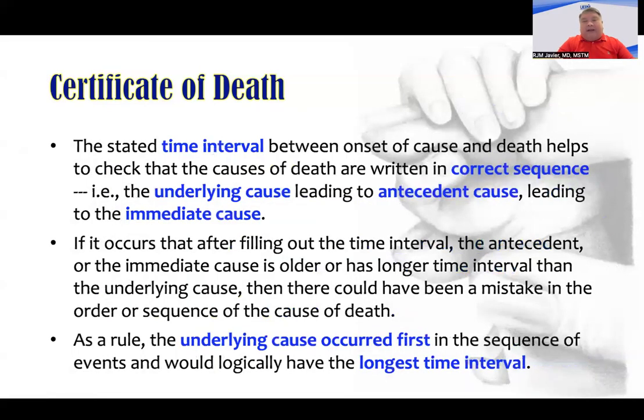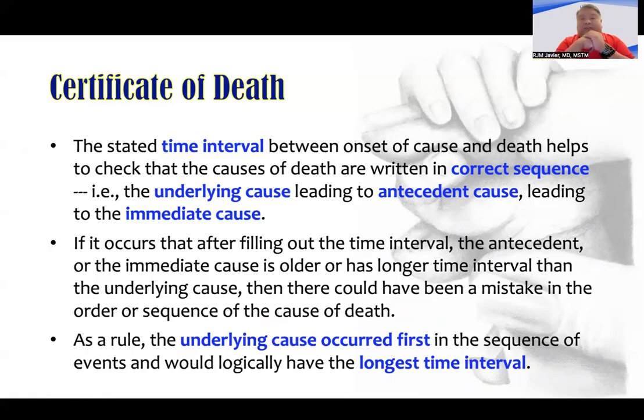Now, the stated time interval between onset of cause and death would help to check if the causes of death are written in correct sequence, meaning the underlying cause, which would have the longest duration, led to the antecedent cause that eventually led to the immediate cause, which would have the shortest interval.